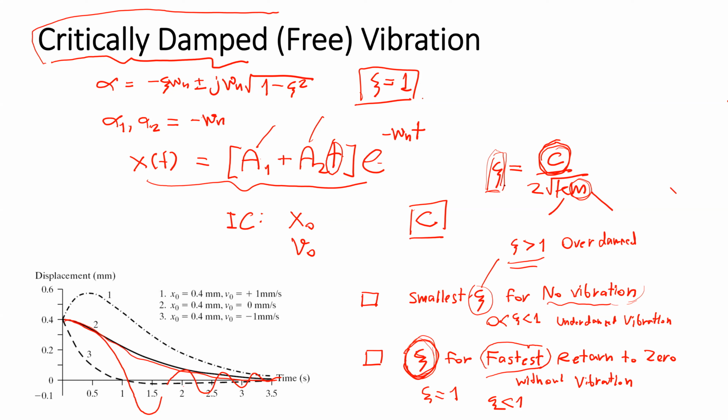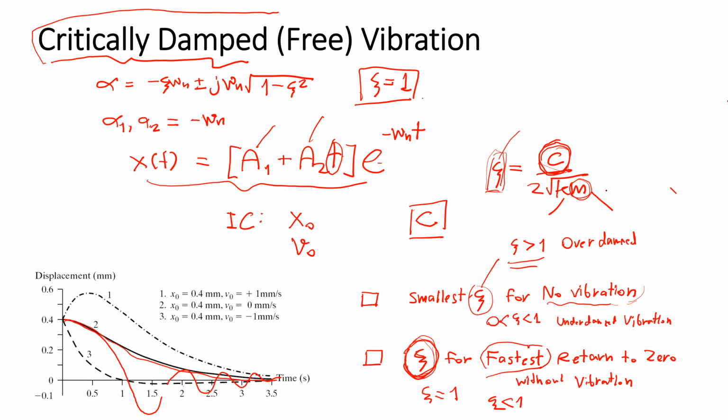In the exercise, we're going to ask what happens if we decide C so that we get the critically damped for the lump mass of the car, but after that we have passengers and baggage and the mass increases. How does the damping ratio change?